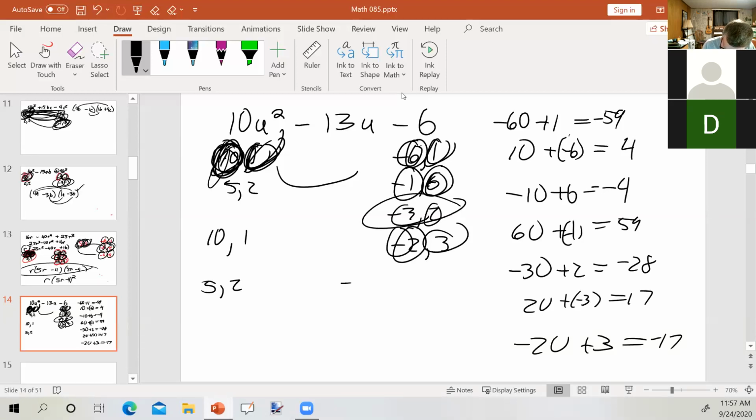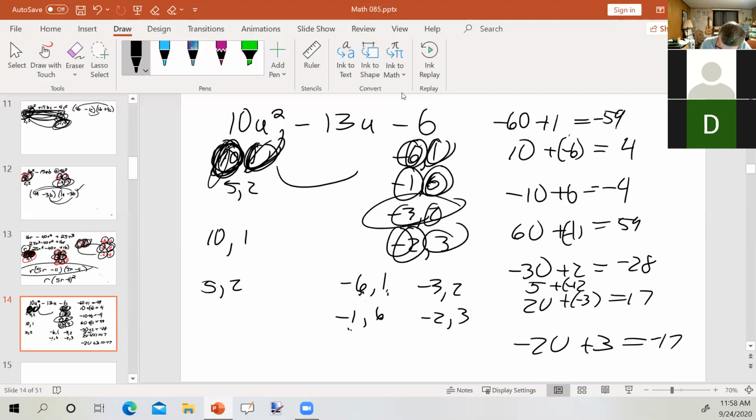Let's see, negative 6 and 1, negative 1 and 6, negative 3 and 2, negative 2 and 3. I did negative 60 and 1, 10 and negative 6, negative 10 and 6, 60 and negative 1. The problem is you can't see my hands here. I did negative 30 and 2, and 5 and negative 12 is the one I left out.